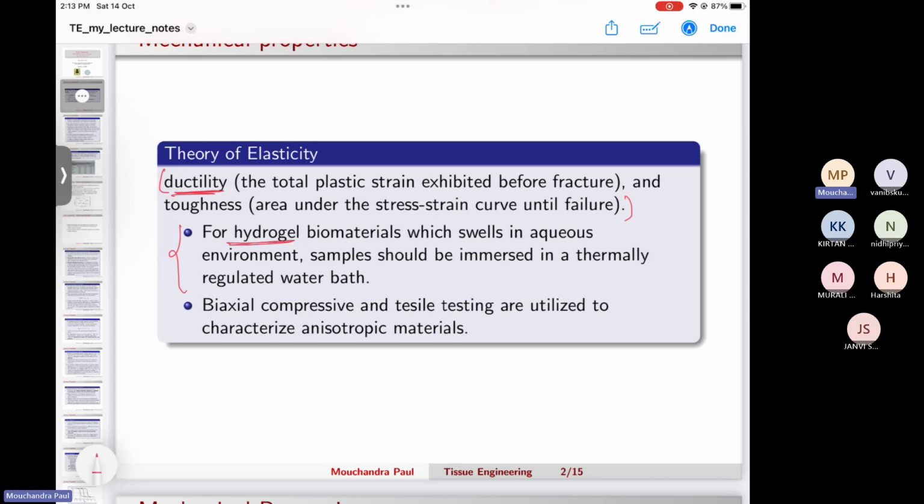This is a special case of how, for a particular material, you will do the mechanical characterization for testing.